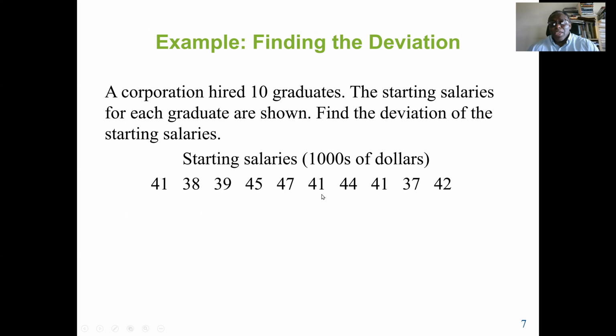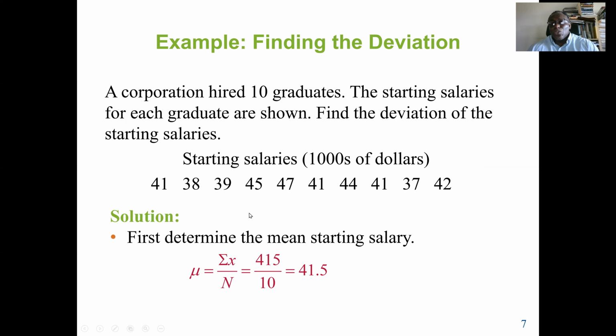First, we find the mean of the whole data set. Then we subtract the mean from each value, and that's the deviation for each value. So we're going to get 10 deviations. The first thing we do here is find the mean. The total value is 415, and the number of values is 10. So we divide 415 by 10, and that gives us 41.5.